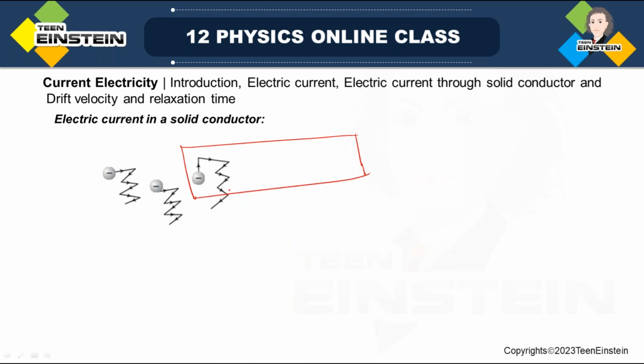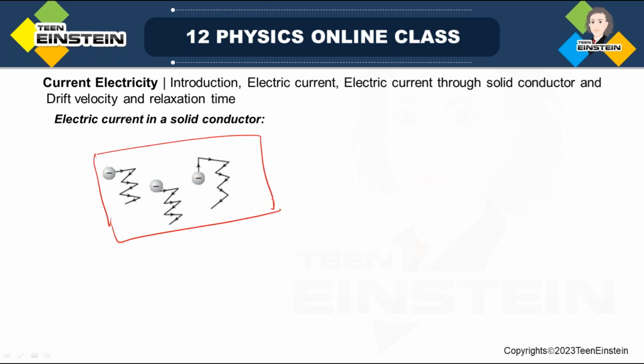The motion is random. So inside a conductor I have many electrons moving randomly, and these ion cores are sitting at their positions. They are neither moving nor giving way to the electrons, so obviously there will be collisions with the electrons during their random motion.